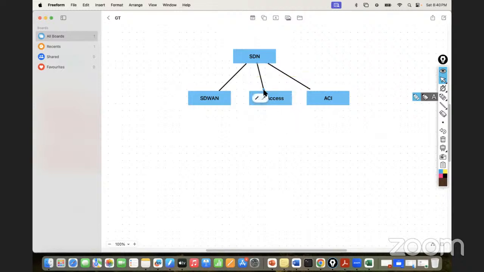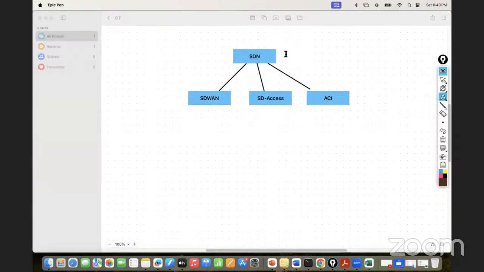So this SDN was developed, that is known as software defined networking, and it was the base concept. And based on this base concept, every SDN technology, which is SD-WAN, SD-Access, and ACI, decouples the control plane and data plane.